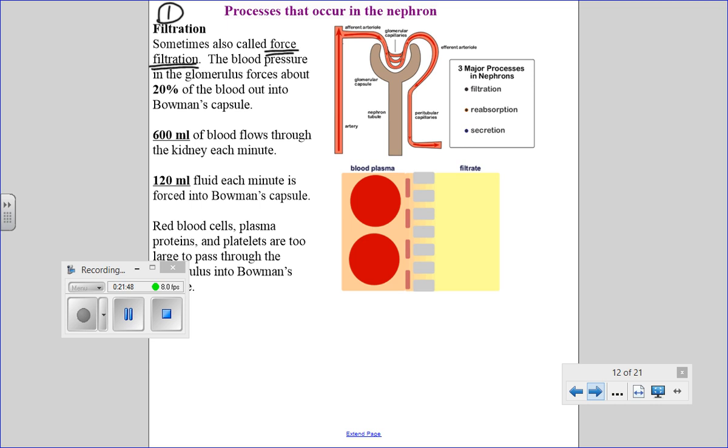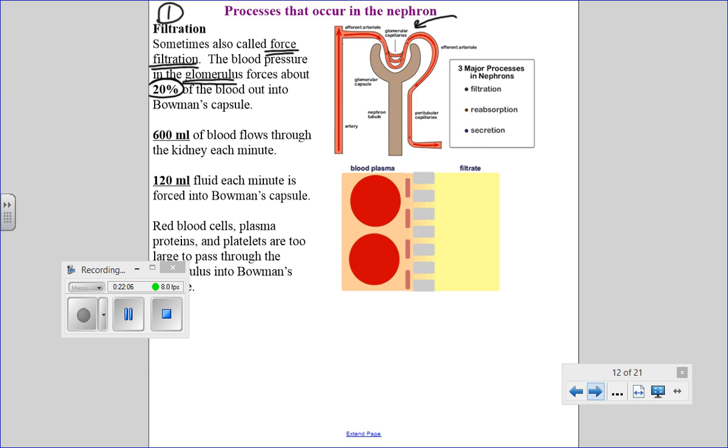And it's going through the glomerulus. We labeled that before. It's this little ball of blood vessels that kind of looks like a crisscross, like it has a grid or a grate on it. And your blood is getting pushed through there.